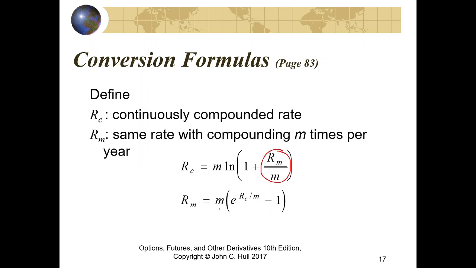To get this rate out of a continuously compounded rate, we multiply M, the number of times the rate I'm targeting is going to be compounded, times e to the power of the continuously compounded rate divided by M, this whole number minus 1.